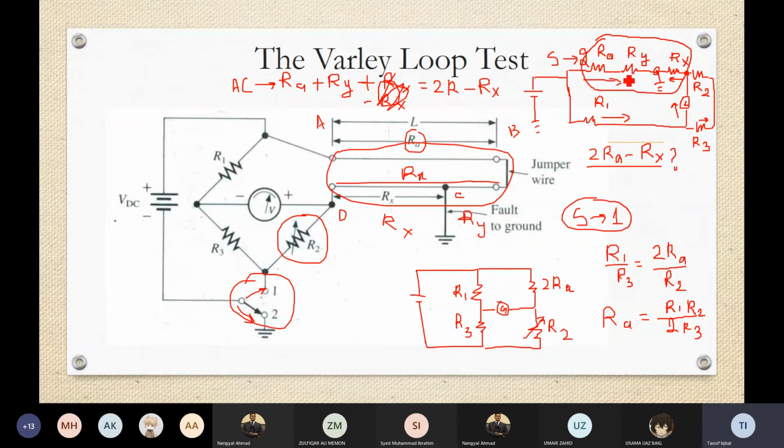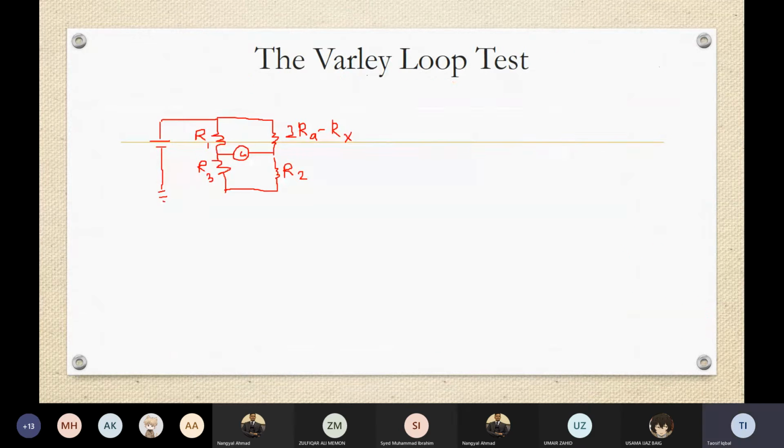सो यहाँ तक जो पॉइंट है इसमें से हमने RX की वैल्यू जो है वो सब्ट्रैक्ट कर दी। सो देयरफॉर वी कैन नाउ कनेक्ट द ग्राउंड ऑन दिस गैल्वेनोमीटर साइड। ठीक है। तो यहाँ से हमने 2RA में से माइनस RX कर दिया। सो नाउ ग्राउंड इज एट दिस पॉइंट। ठीक है। एंड देन व्हाट वी हैव little bit RX value lying there, so that is going to be added with the R2.